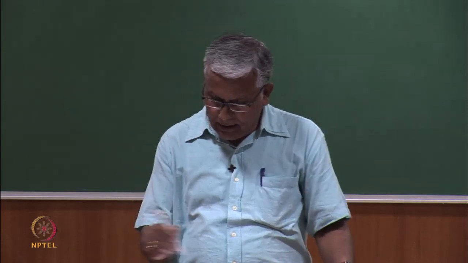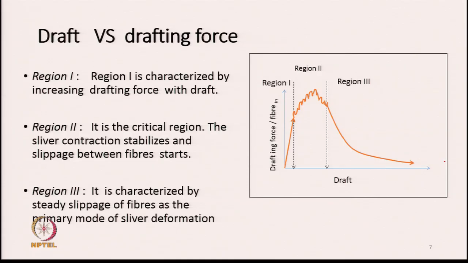I can divide this trace into two parts: if I draw a line vertically from the peak downwards, on the left hand side drafting force increases with increase in draft, and from the peak, on the right hand side, drafting force reduces with the increase in draft.